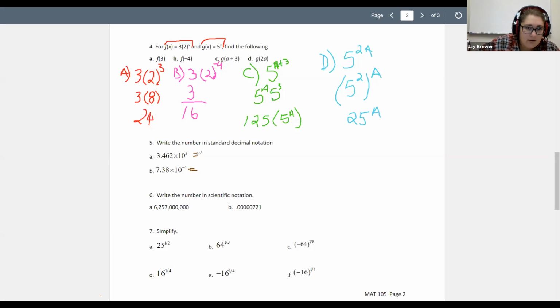However, we only have 3 numbers, so we're going to use zeros as placeholders. 1, 2, 3, 2, 3, 1, 2. Okay. Now, I believe a student did an experiment with me, and Pearson does not care about commas.